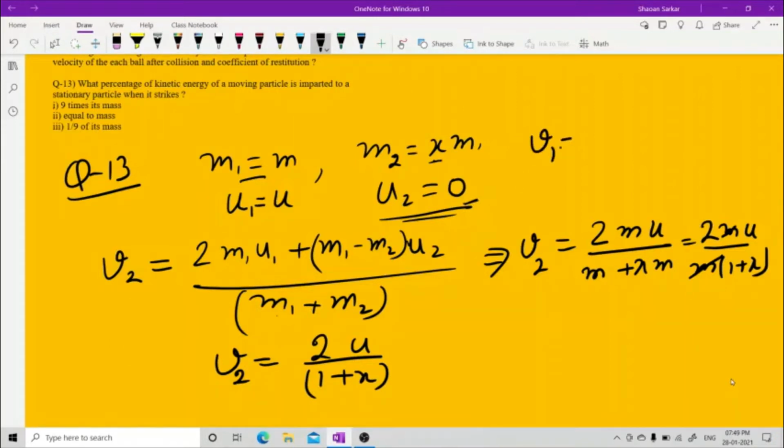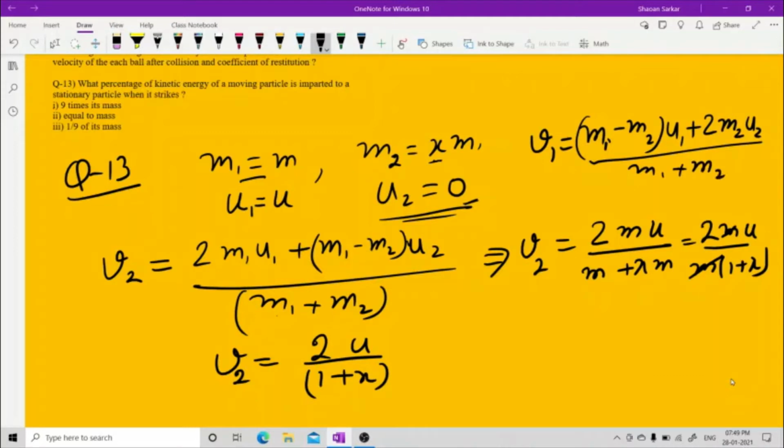So v1 is m1 minus m2 u1 plus 2 m2 u2 upon m1 plus m2. This u2 is 0.